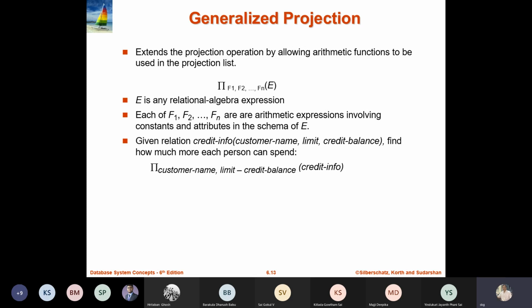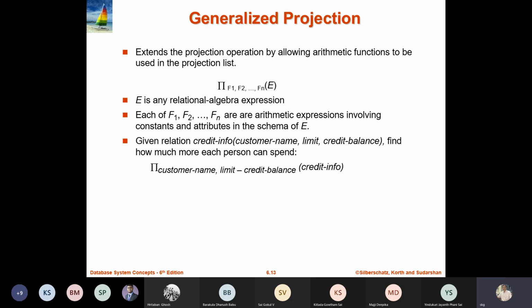So we have things like pi F1, F2, F3, where these are the functions. As of now, what we have seen is pi A1, A2, A3, An, the fields you want to project out. Here E is a relational algebra expression. For each function F1, F2, Fn, these are arithmetic expressions involving constants and attributes of the schema of E. Like here, customer name and limit minus credit balance from the credit info.